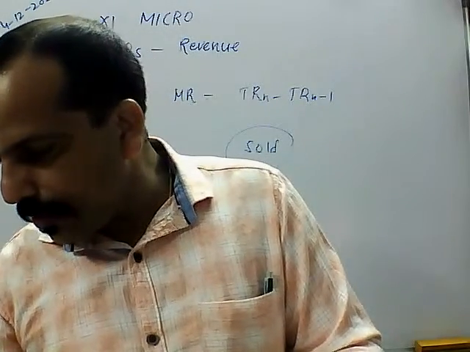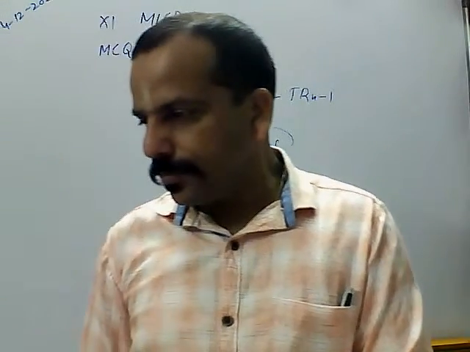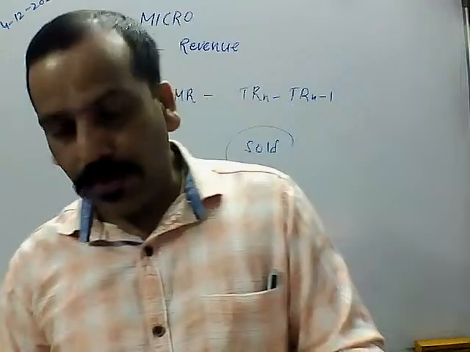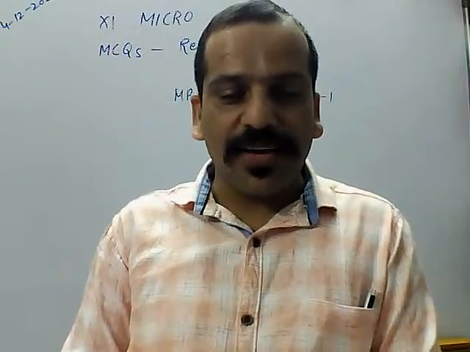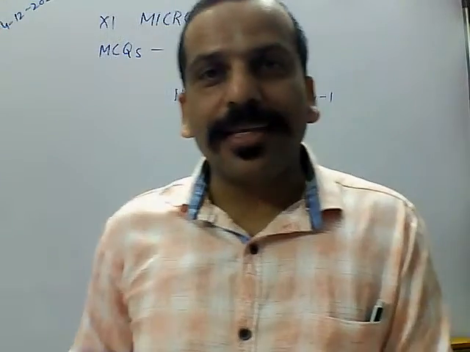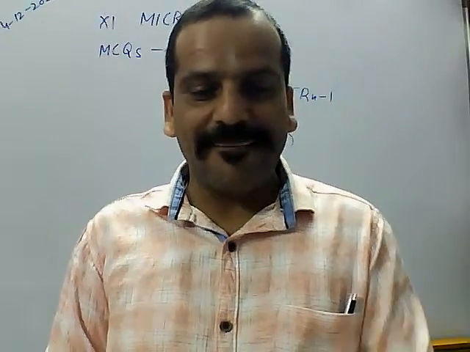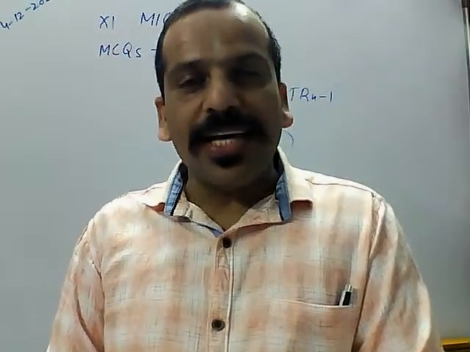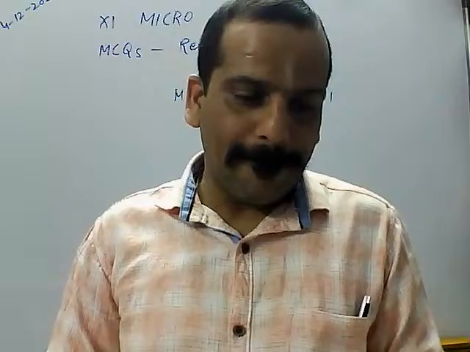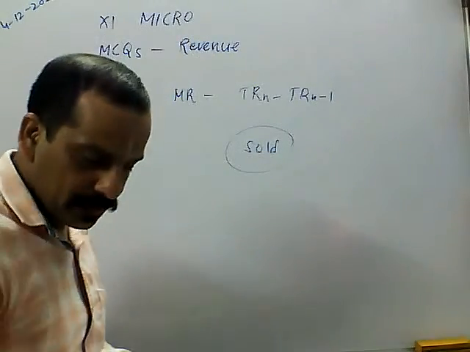Question number 17. Now, in question number 17 you have to do the calculation part. At price rupee 20, 15 units are sold.